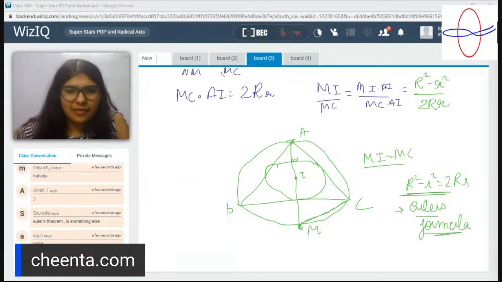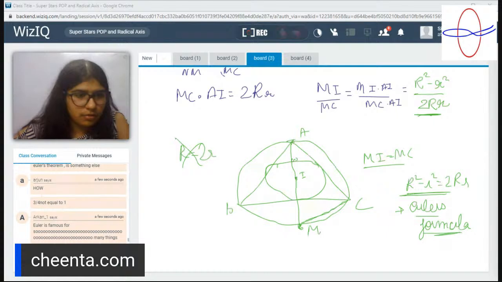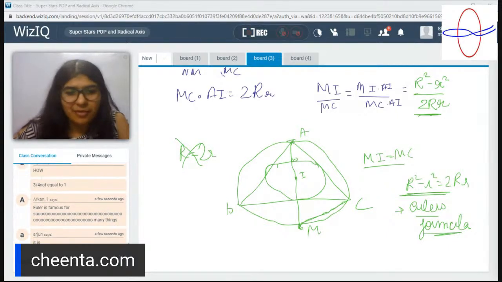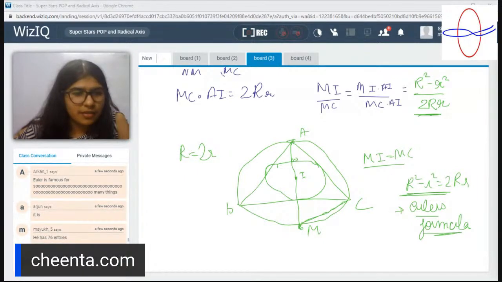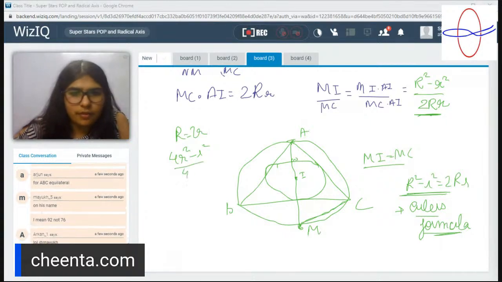So this is how we proved that MI upon MC is R square minus r square equal to 2Rr. But for an equilateral triangle, if R equals 2r, then that becomes 4r square minus r square upon 4r square, and well, wait.